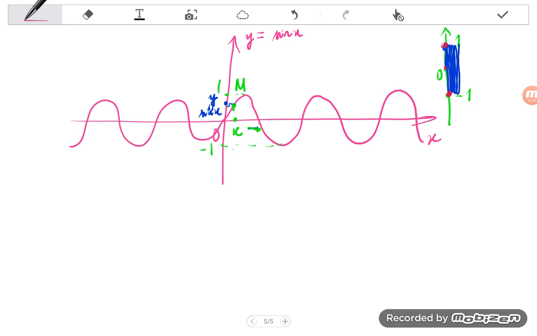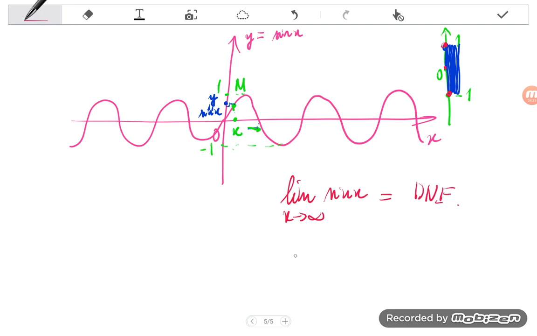And of course 0, similarly. So you can see that y does not get closer and closer arbitrarily to any number when x gets larger and larger. So you can see that the limit of the function psi x when x tends to infinity does not exist.